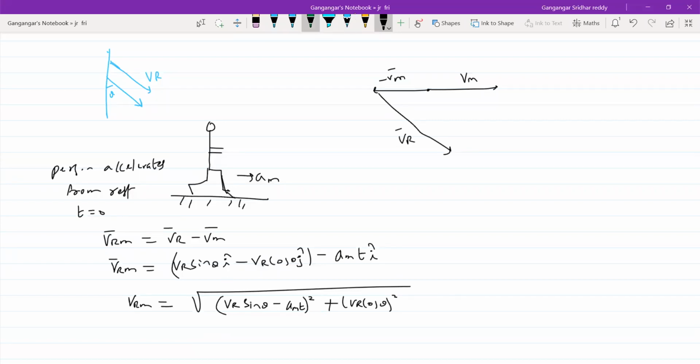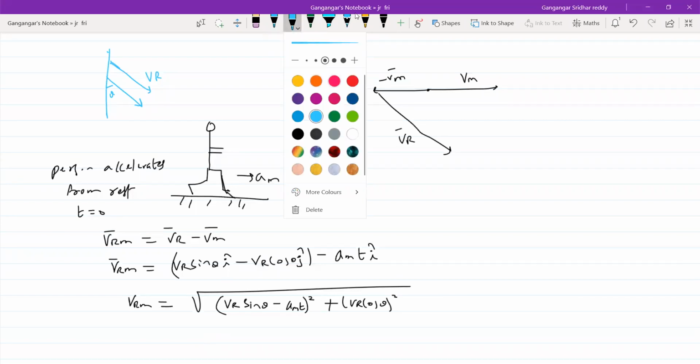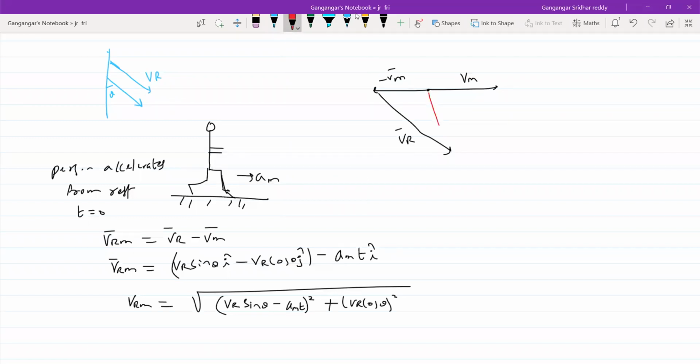So how is the velocity of rain? Let me put only the vector diagram for this. It will be Vr sine theta minus Amt. Vr sine theta minus Amt.